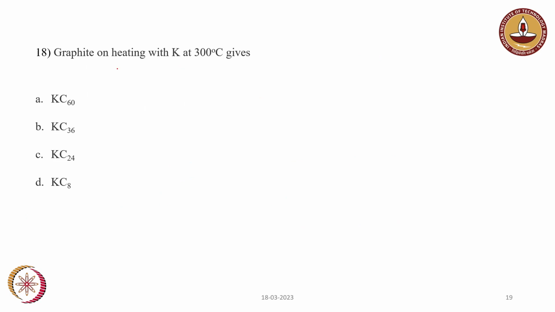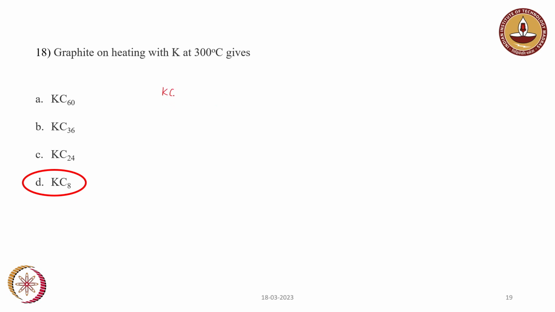The next question is graphite on heating with potassium at 300 degrees Celsius gives option A KC60, option B KC36, option C KC24, option D KC8. So when we heat graphite with potassium at 300 degrees Celsius, it will give KC8. And from KC8 we can prepare KC24, 36, 48 and 60 by subsequent heating.